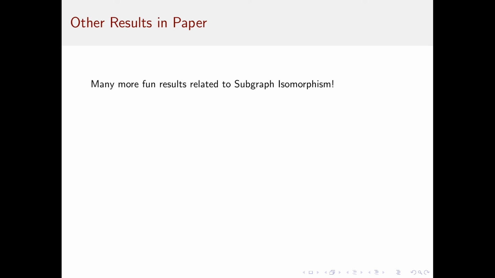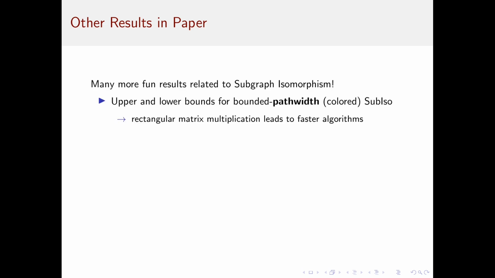Okay, so now you've seen the main result of our paper, and I'd like to conclude the talk by giving you a super quick overview of the other results. For example, we don't just look at bounded treewidth pattern graphs, but we also look at bounded pathwidth pattern graphs. And there we show almost tight upper and lower bounds.